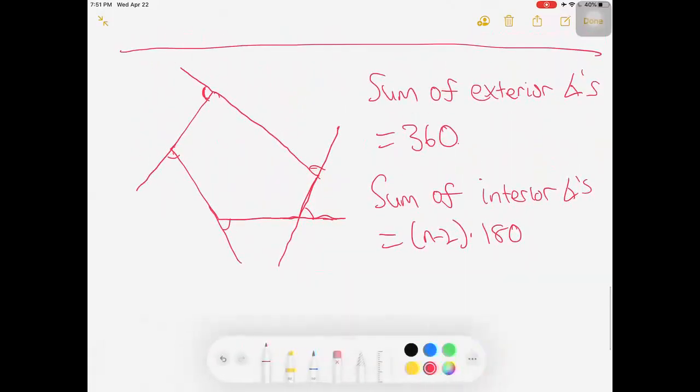And what the interior angles are, these angles. All the green angles are going to be interior angles, and all the red angles are going to be exterior angles. We can see that all these pair up to be 180 degrees.